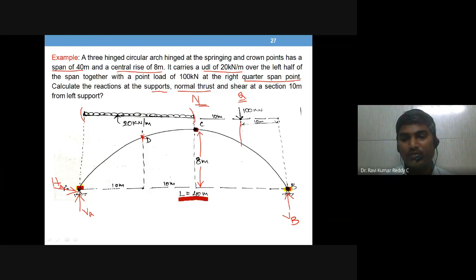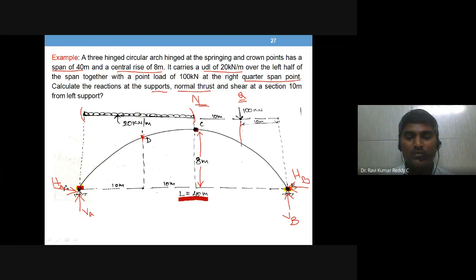So this is VB, and the other reaction is HB. So these are the reactions that you see when you remove the supports. That is what we call free body diagram. This is a well-known concept learned in the engineering mechanics of your first year study.